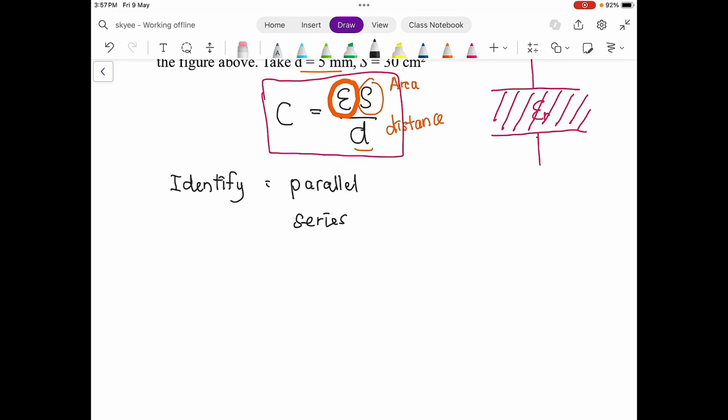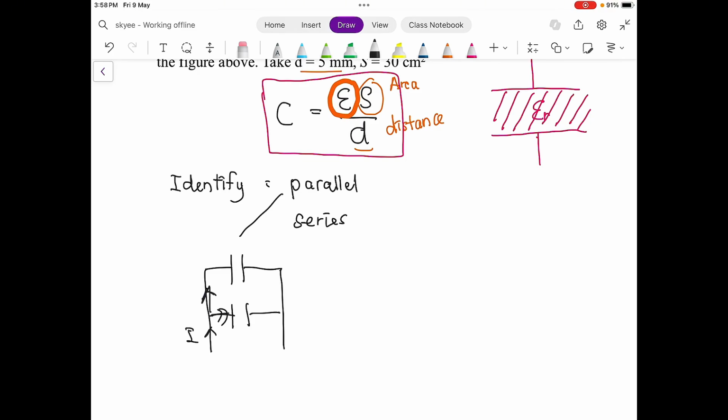What is the meaning of parallel? Parallel means that you have capacitors like this, and the current splits into two junctions.